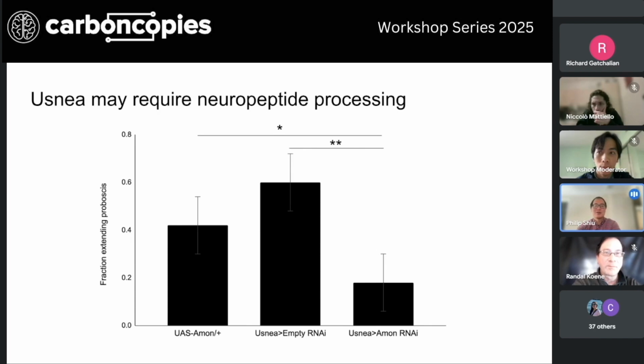When we knock down this gene in the cell type Usnea, neuropeptide processing is required in this neuron. And our model completely ignores neuropeptides.